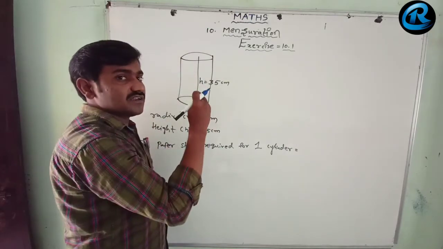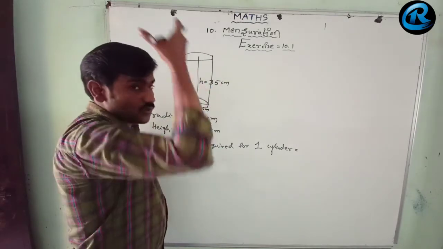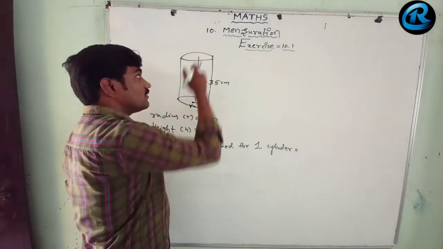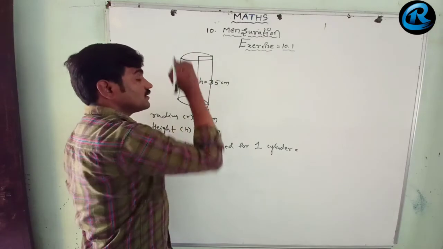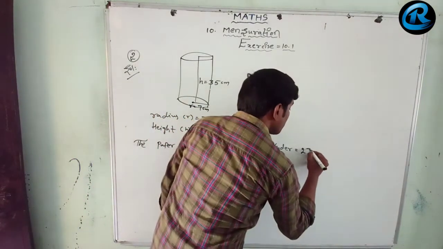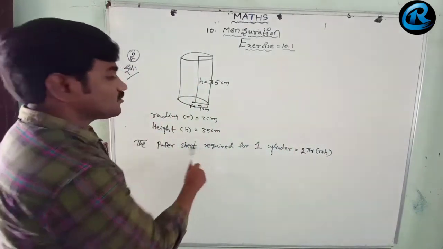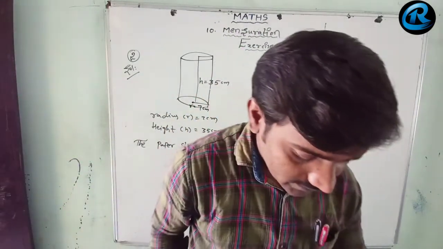In the previous question we found the curved surface area, because for the joker cap we should not cover the bottom. Here we have to cover the top and bottom also. So we use 2 pi r (r plus h), which is the formula for the total surface area of a cylinder.